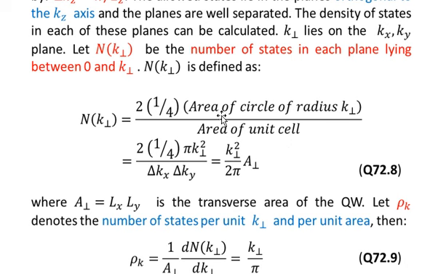You know that here we are considering the area of the circle of radius k perpendicular. But at the same time we are saying that we want to calculate the number of states lying between 0 to k perpendicular. So it means that we are considering the states only along the positive quadrant. That is the quadrant determined by positive value of kx and positive value of ky. For that one we are multiplying this area of the circle by 1 over 4.